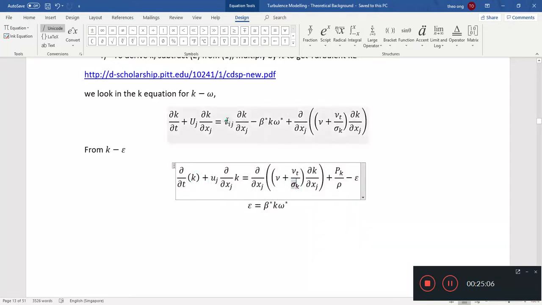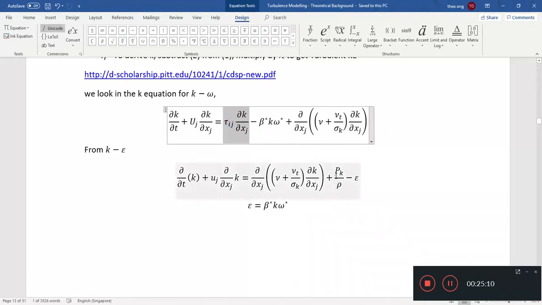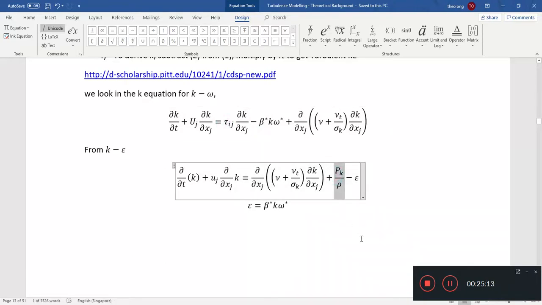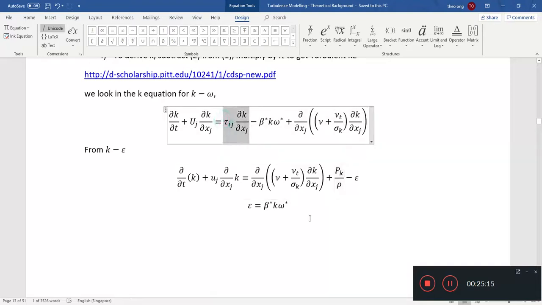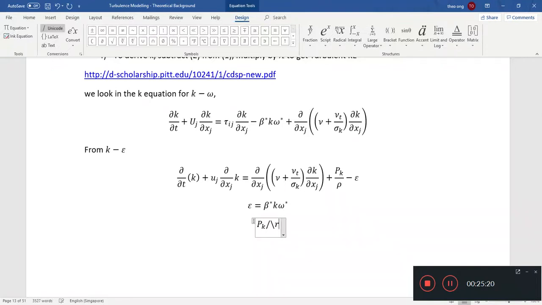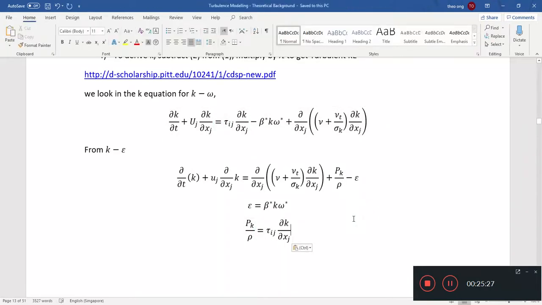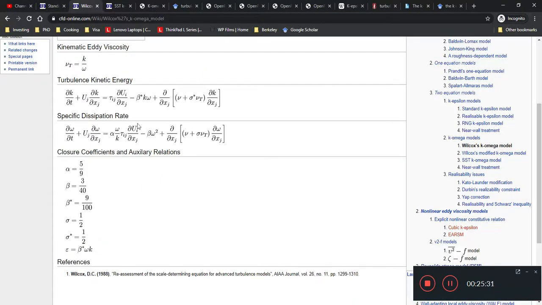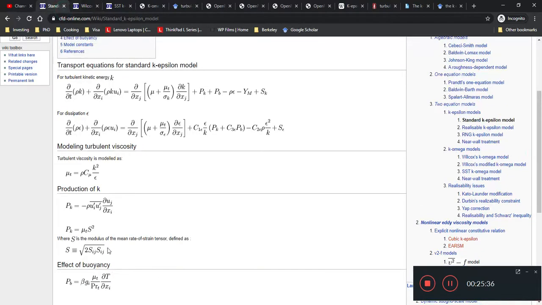The only thing is that this tau ij partial k partial xj is actually the production term here, if you compare straight across. This one has the rate of strain tensor; compare it to this and you will see a lot of the rate of strains over here as well.